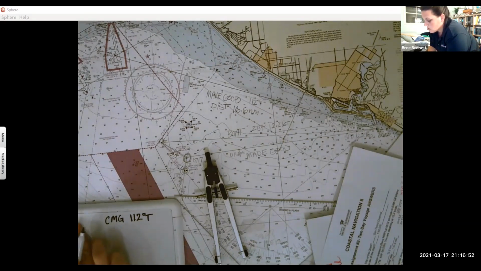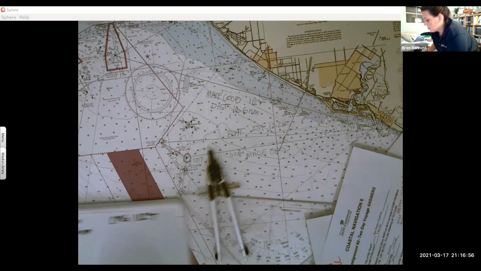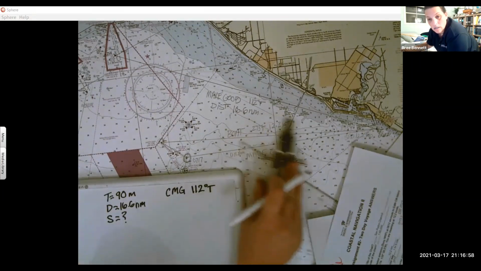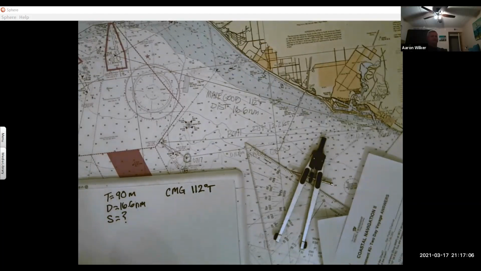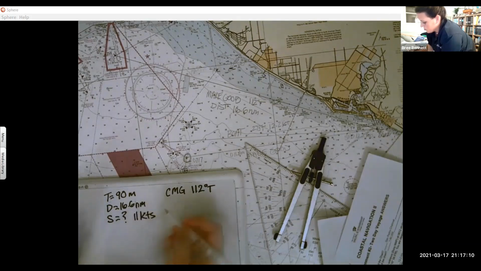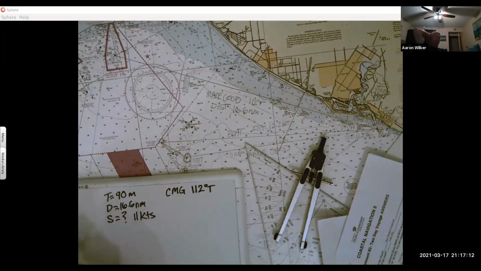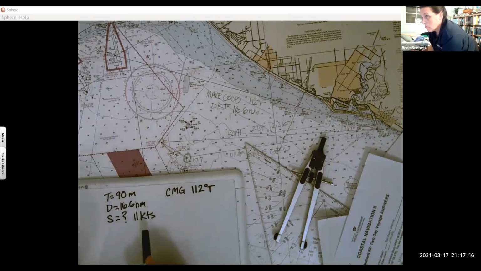So what is my speed that I want to make good? 11 knots. 11.1, but 11. We're going with 11? Cool. Okay.